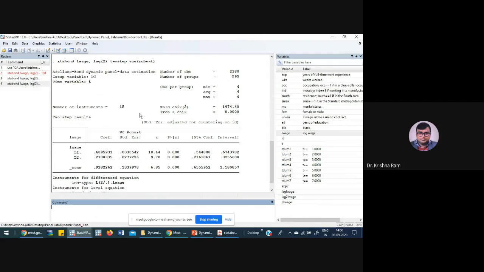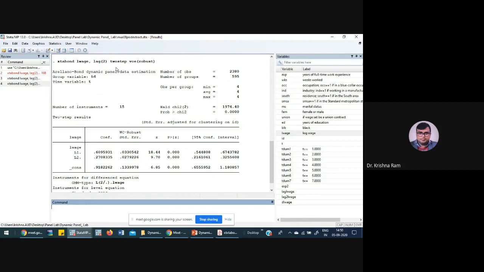Probably for that we have to go back to the theory, or the methodological aspect of how the two-step GMM is calculated. Okay, sir. As far as I read from the book, the two-step estimator gives a more efficient standard error as compared to the one-step.